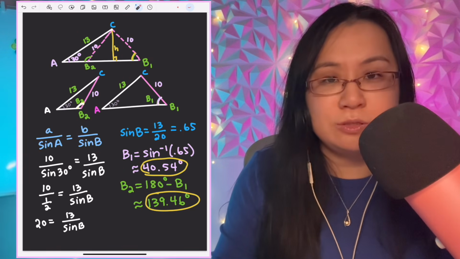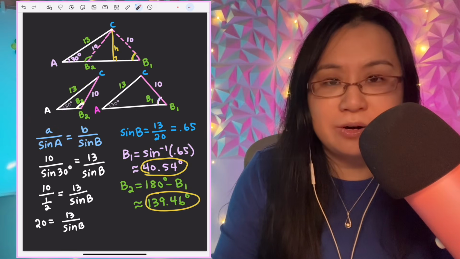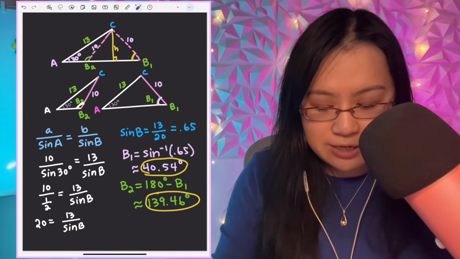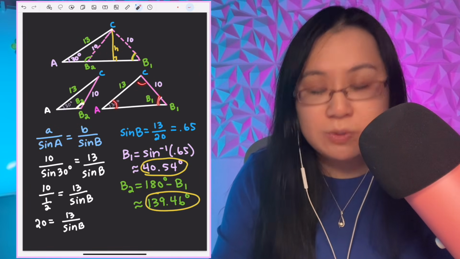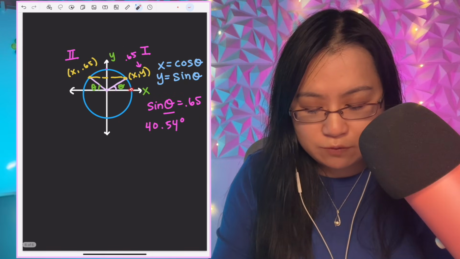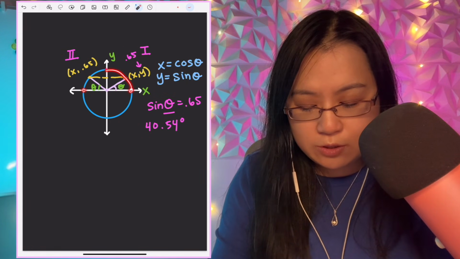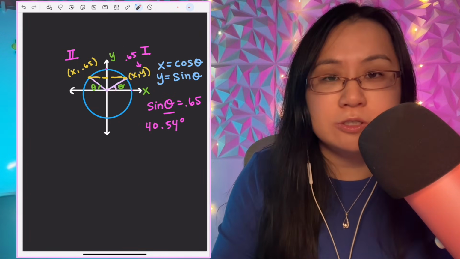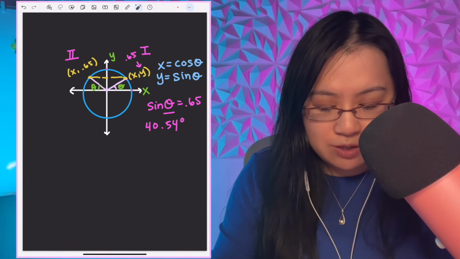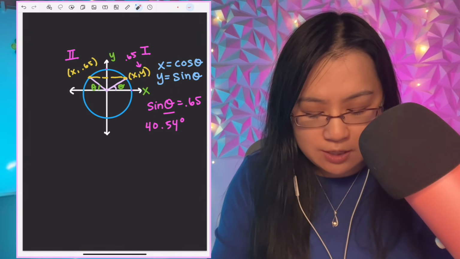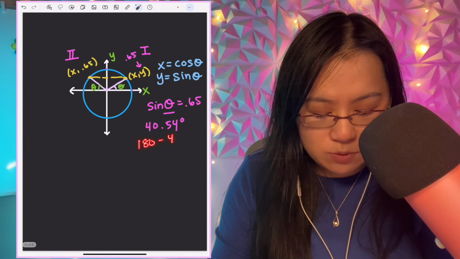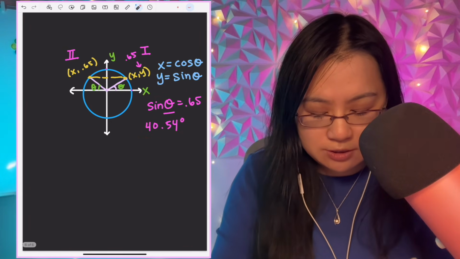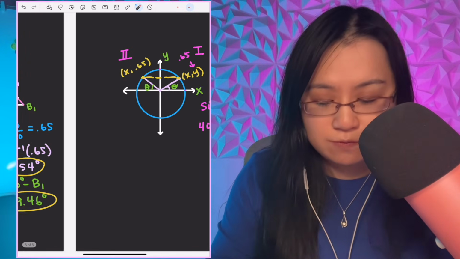And we can't include 180 because it forces the other two to be 0. So we're only looking at interior angles between 0 and 180, which turns out to be quadrant 1 and 2. So that's why we're doing 180 minus 40.54 degrees to get the other one, 139.46.